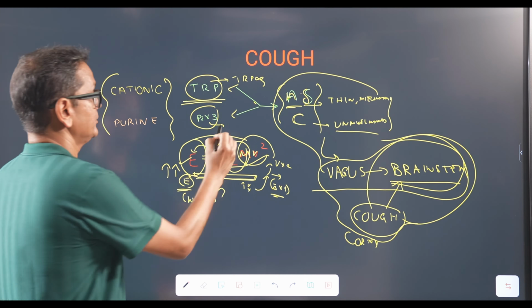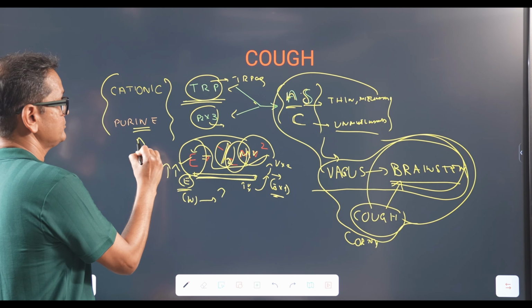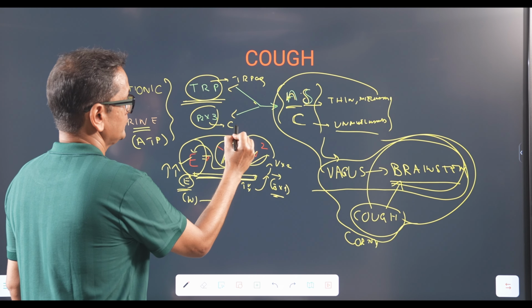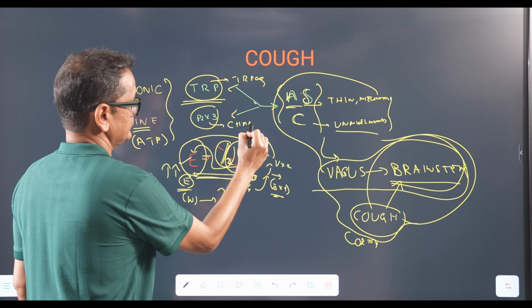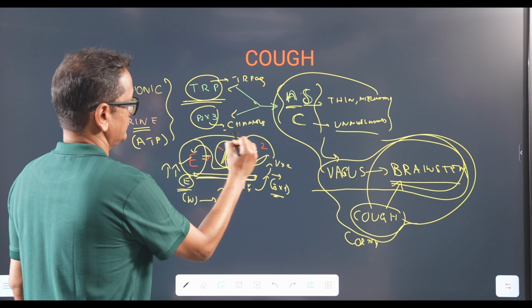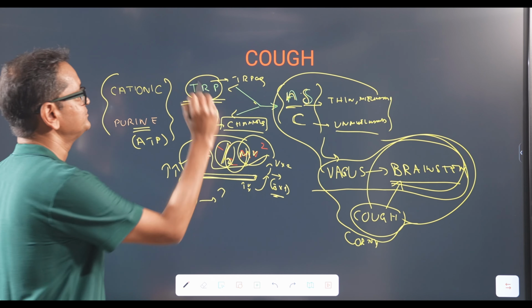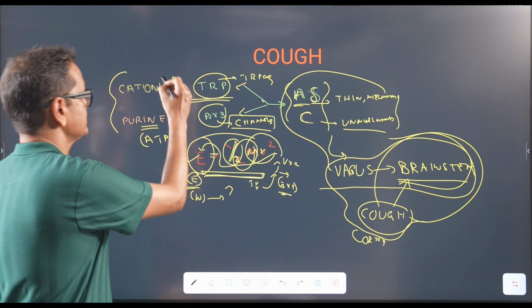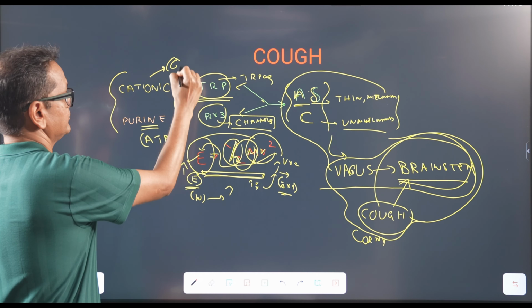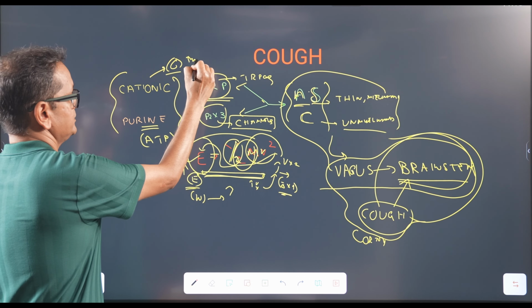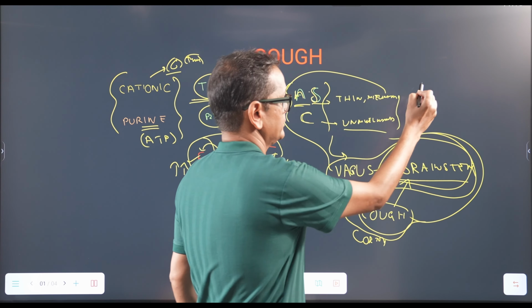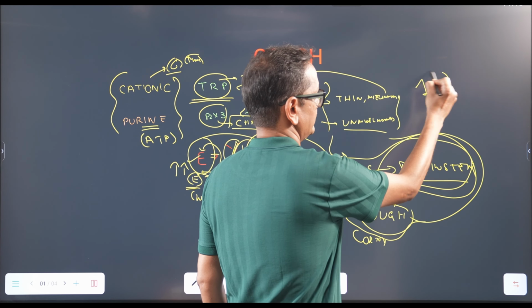Second one is purine, meaning ATP related P2X3 channels. Coming to TRPVs, there are 6 types of these channels. As far as the respiratory system is concerned, type 1 and type 2 are important.